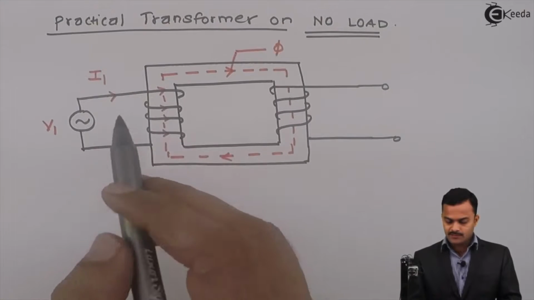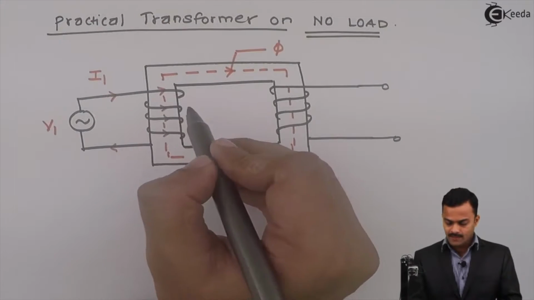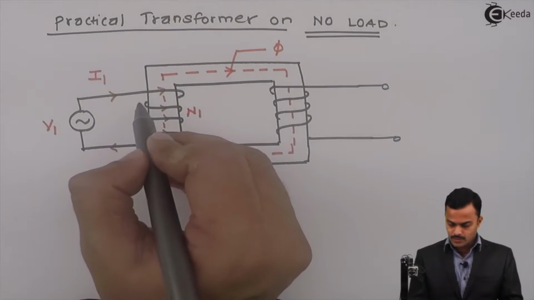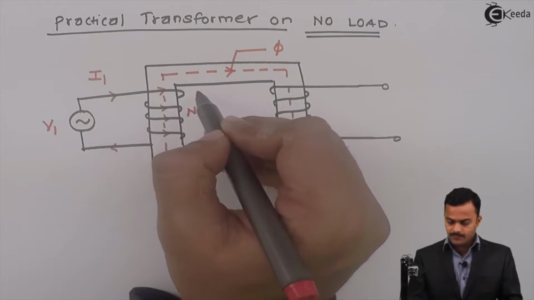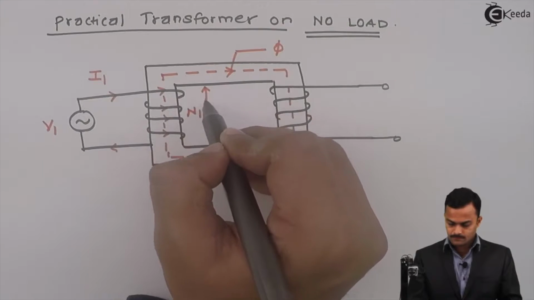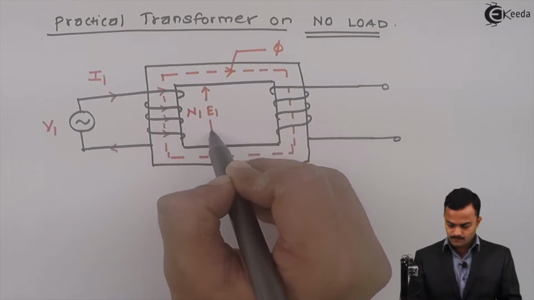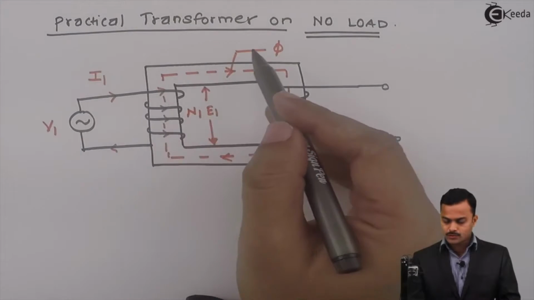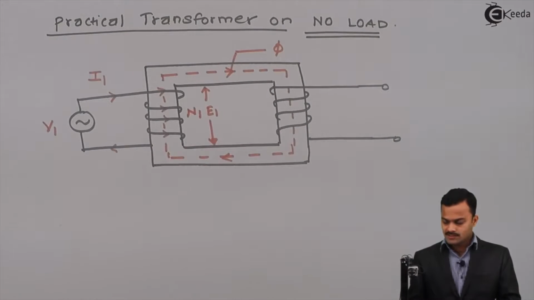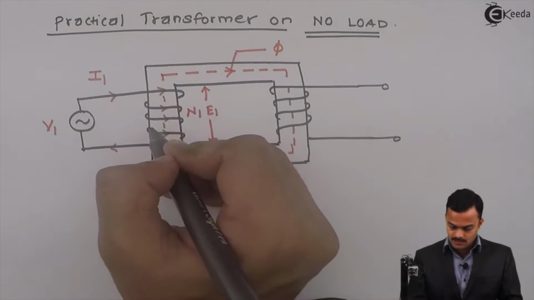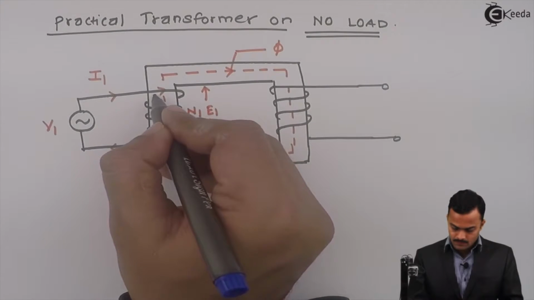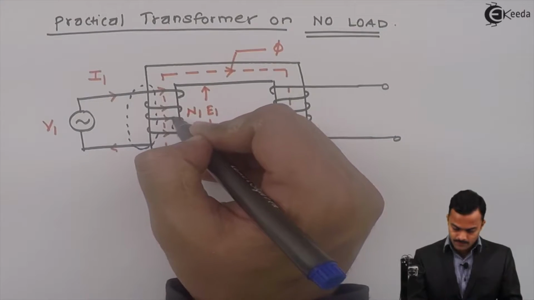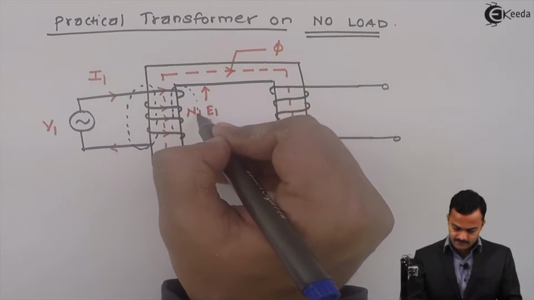Now this flux phi is linked with this winding having N1 turns, and will give rise to EMF E1. Maximum flux will pass through this core, but some amount of flux completes its path outside the core, which we call leakage flux.